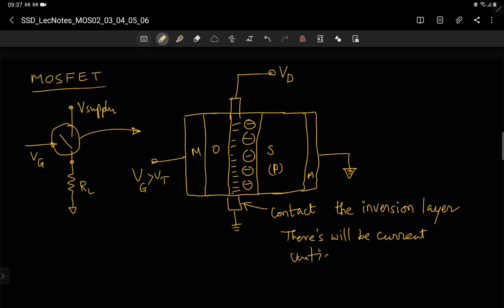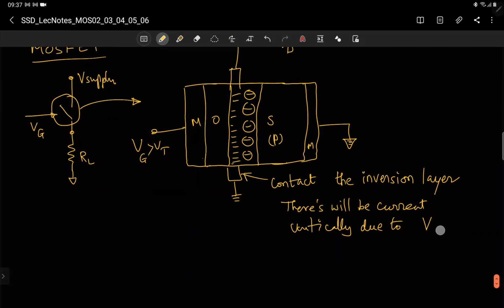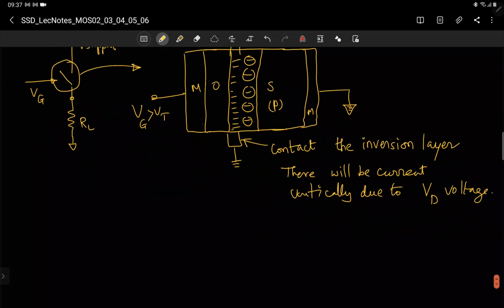If you contact the inversion layer, there will be current vertically due to Vd voltage.